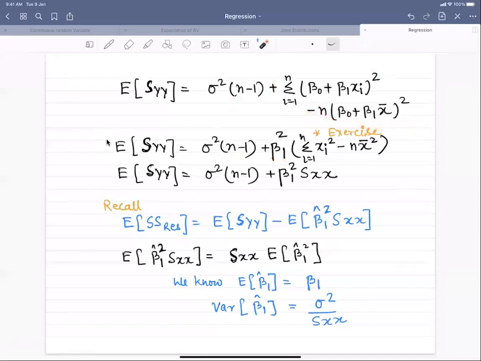It's not difficult to prove, and it's essentially Sxx, as we have just seen. So the expectation of Syy is sigma square times n minus 1 plus beta 1 square Sxx.